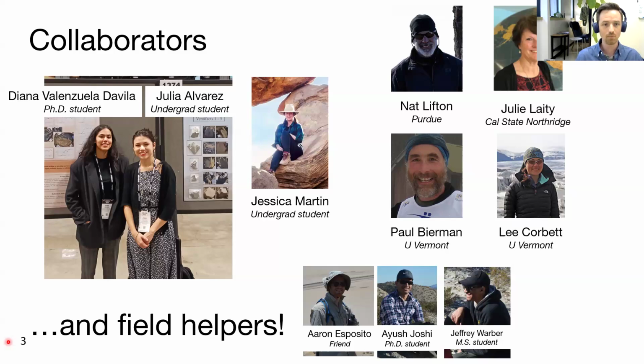Nat Lifton is going to help us get some in situ radiocarbon erosion rate estimates from these boulders. That work is in progress. Paul and Lee at Vermont have been helping us with our cosmogenic beryllium-10 and aluminum-26. They run a really great visitor-friendly lab there. If this type of stuff excites you, contact them because they are great collaborators.